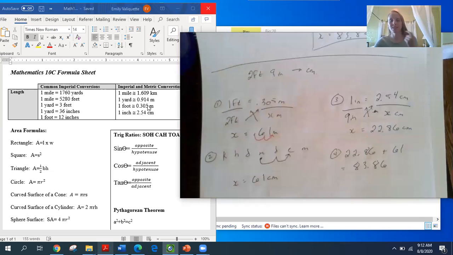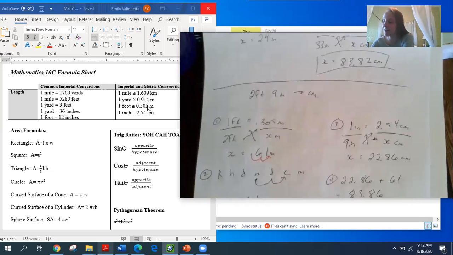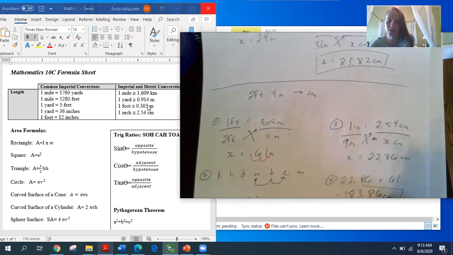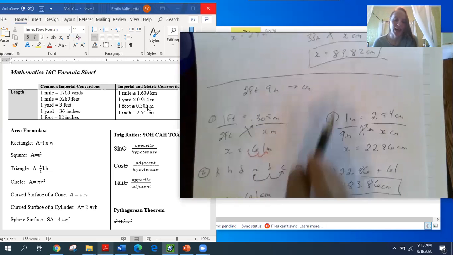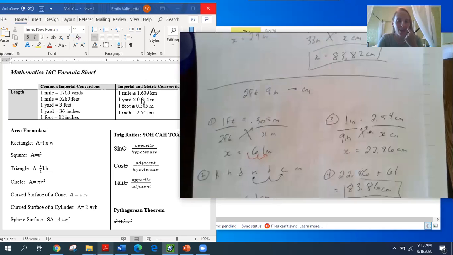Now you will notice that my 2 numbers are not exact. They are slightly different from each other, here and here. And the reason for that has to do with, if you look over on our formula sheet here, this little squiggle that appears over top of the equal signs, that's telling us that these are approximate conversions. So anytime we can use imperial conversions instead of imperial to metric conversions, you're going to be slightly more accurate.